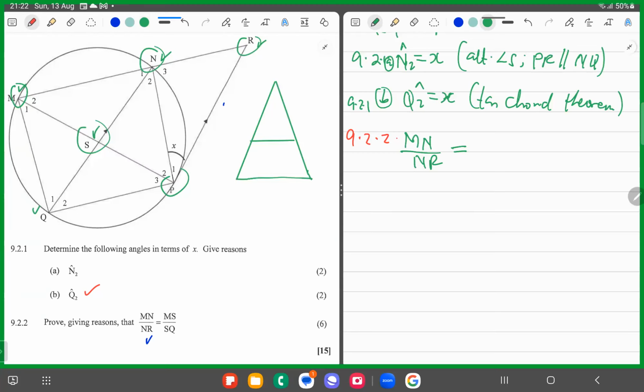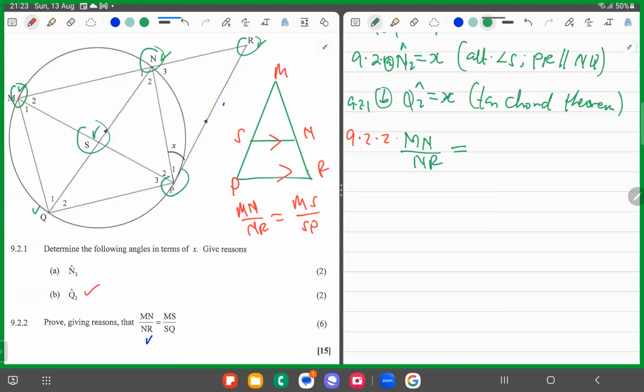If you look at this theorem very carefully, if this is M and N here, MNR, and this is SP, so you have MN over NR is MS over SP, because these are parallel.